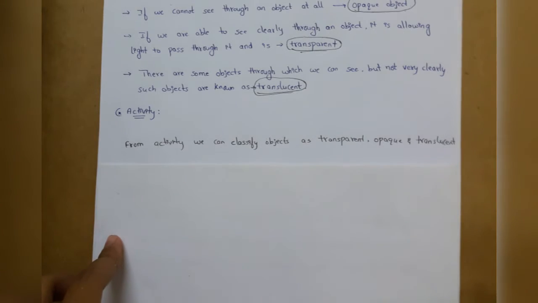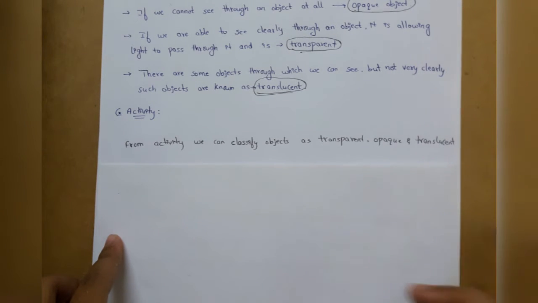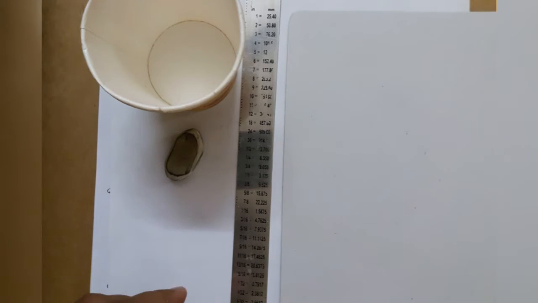So, is paper an opaque substance, a translucent substance or a transparent one? Let us know your answer by commenting. From the activity, we classified the objects as transparent, opaque and translucent. All these objects are opaque.